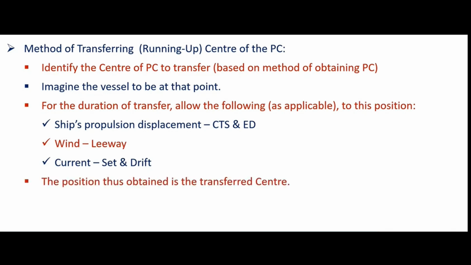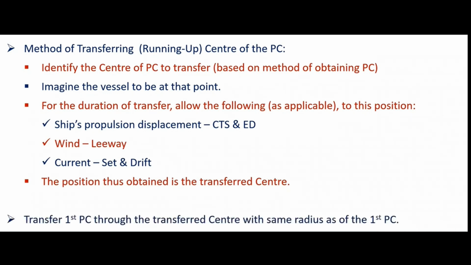The position thus obtained is the transferred center. Now with this transferred center as the center of the circle and the same radius as the radius of the PC to be transferred, we draw the transferred position circle.